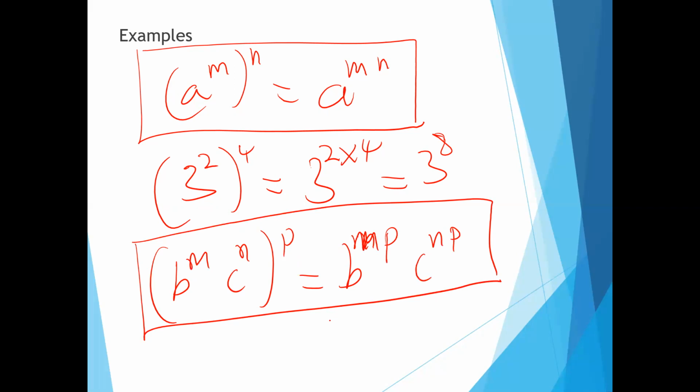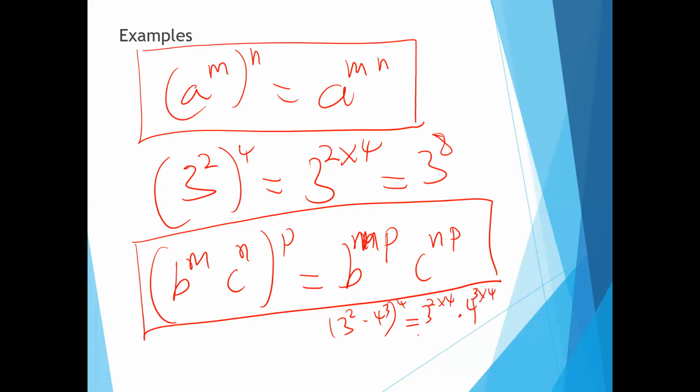So if I have 3 squared dot 4 cubed with 4 outside, then I will get 3 raised to the power 2 times 4, times 4 raised to the power 3 times 4.